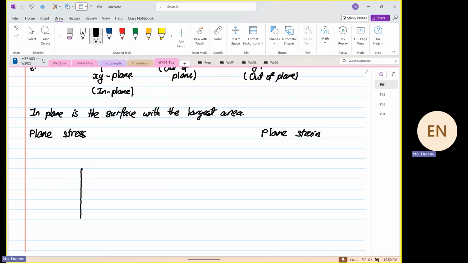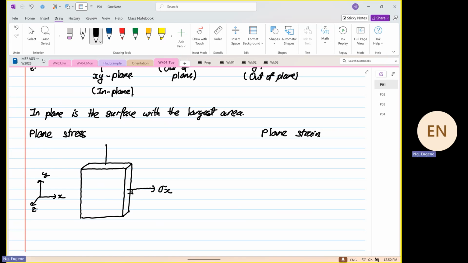Now, given the same element, same transformation, over here, the stress is acting perpendicular to the surface.